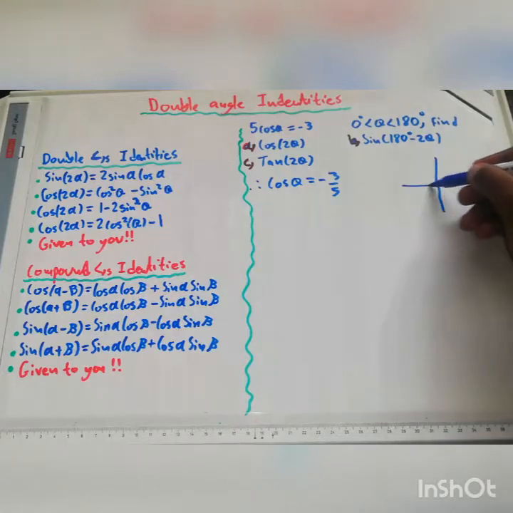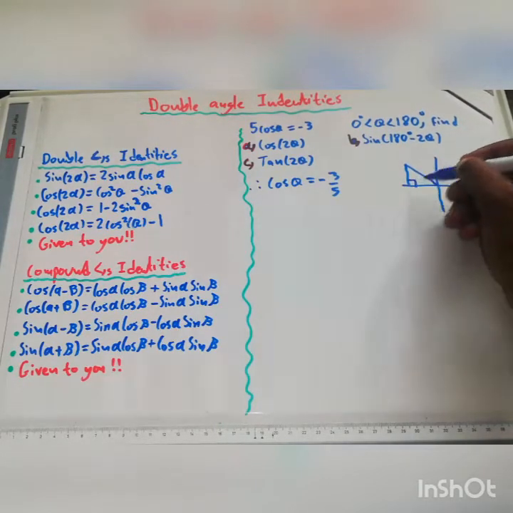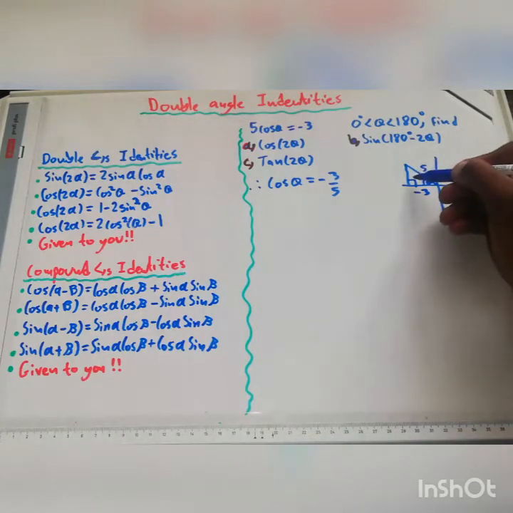So the triangle you're supposed to draw must be in the second quadrant. This will be your theta. Cos is adjacent over hypotenuse, so it's minus 3 over the hypotenuse, which is 5. If you apply the Pythagoras theorem, you'll find that this length here is 4.